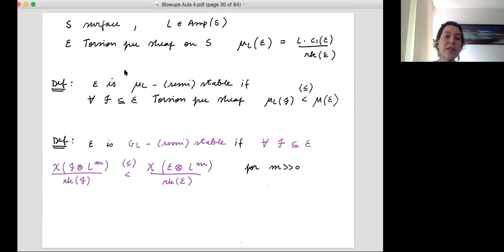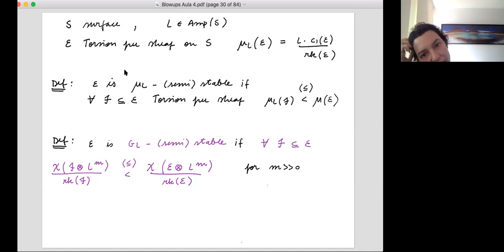And also there's another definition introduced by Gieseker. We say that E is Gieseker semi-stable if instead of using the slope, we use this other version of the slope, which is the Hilbert polynomial of some twist of F by a sufficiently large exponent of L, divided by the rank.